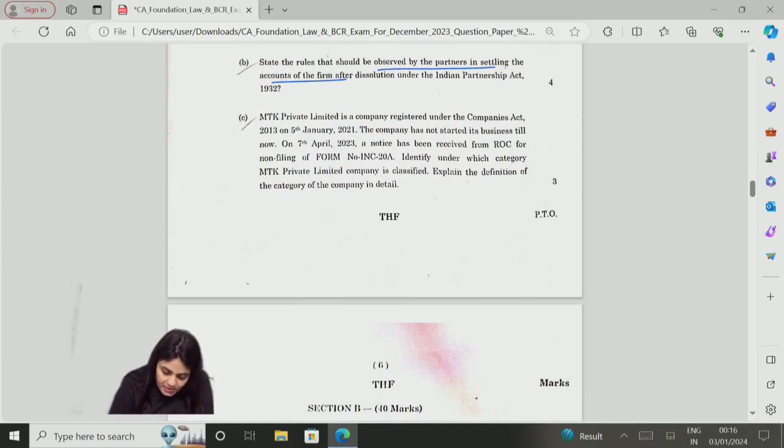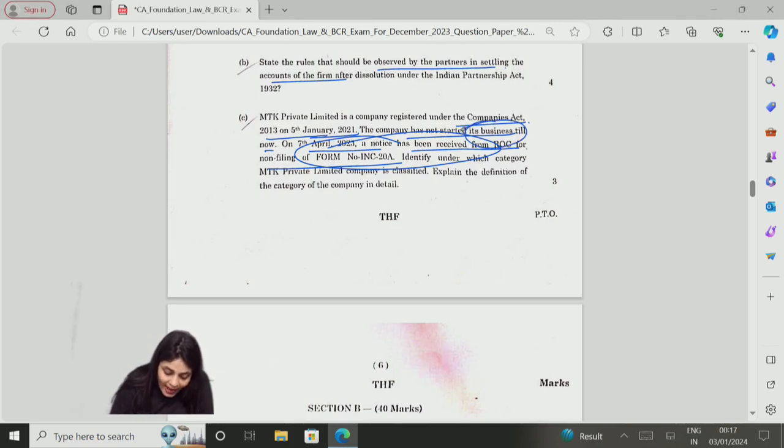MTK Private Limited is a company registered under the Companies Act 2013 on 5th Jan 2021. The company has not started its business till now. On 7th April, a notice has arrived from ROC for non-filing of Form INC 20A. Identify under which, so reading this, you'll be like, oh my god, we've never read all these things.